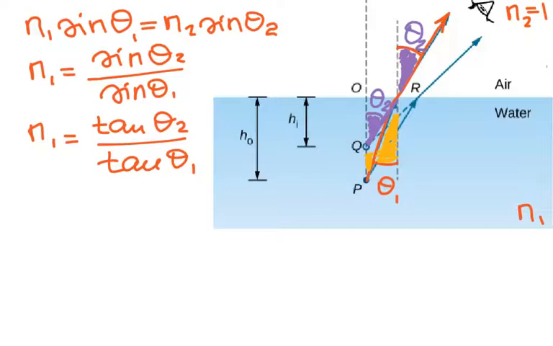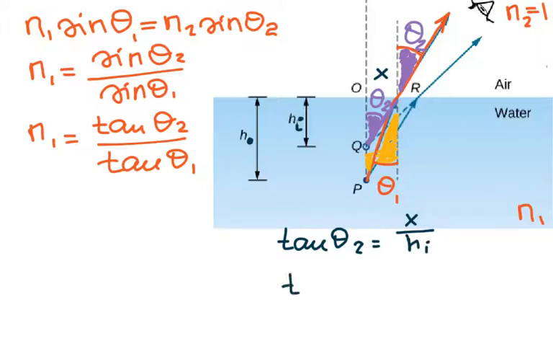If I call this distance x, and this is h of the image and this is h of the object, then tangent of theta 2 is equal to the opposite, which is x, over the adjacent, which is hi.